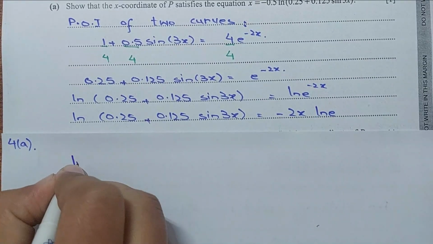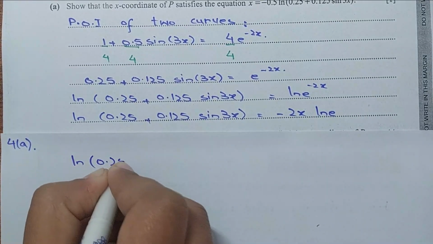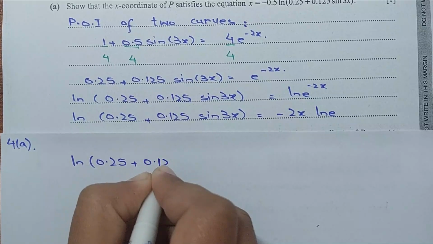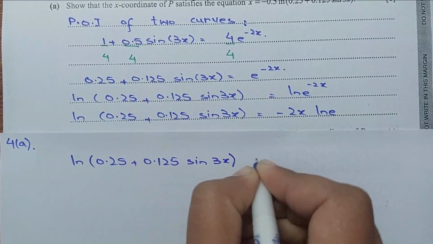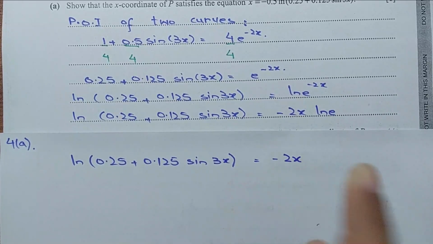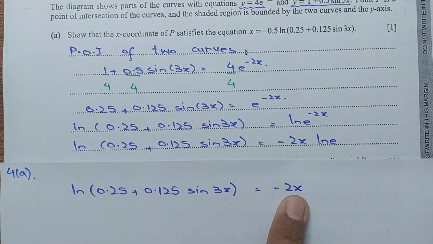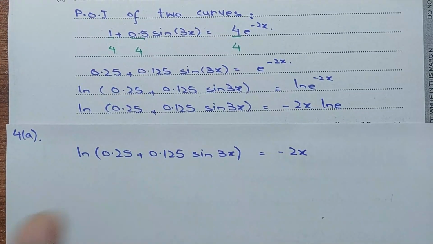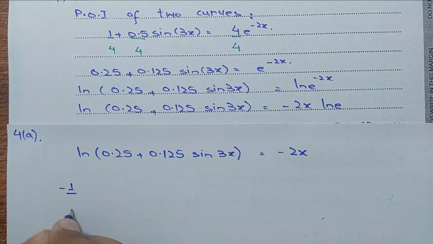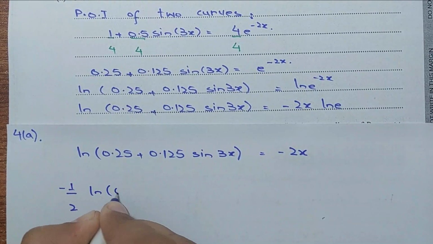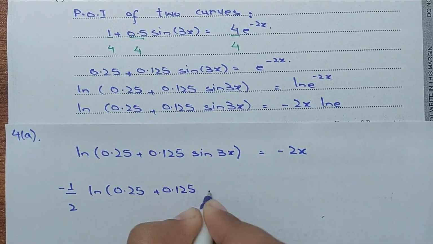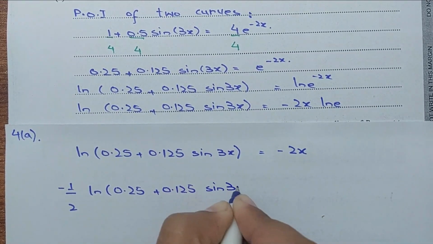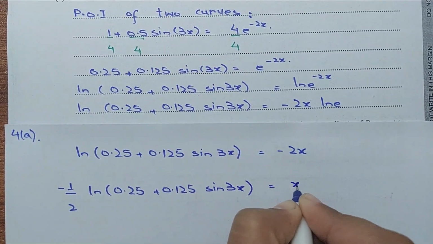Now we are left with natural log of 0.25 plus 0.125 sine 3x equals minus 2x. To solve for x, we divide everything by minus 2: minus 1 by 2 natural log of 0.25 plus 0.125 sine 3x equals x.